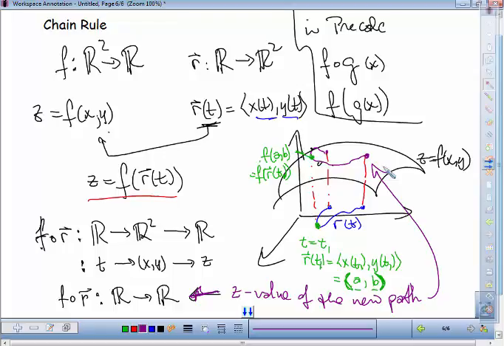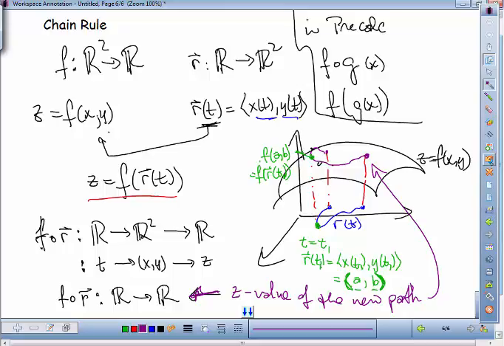So we might be interested in finding the rate of change of the z values as you move along that path. Okay? All right. So where are we going with this again?